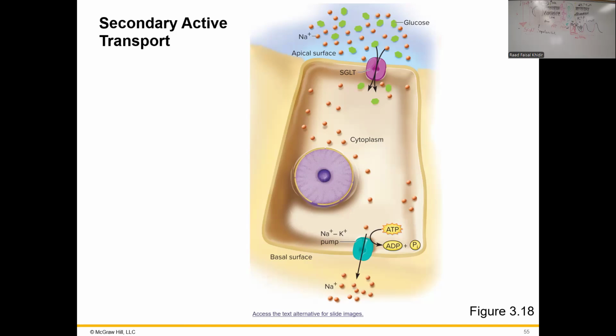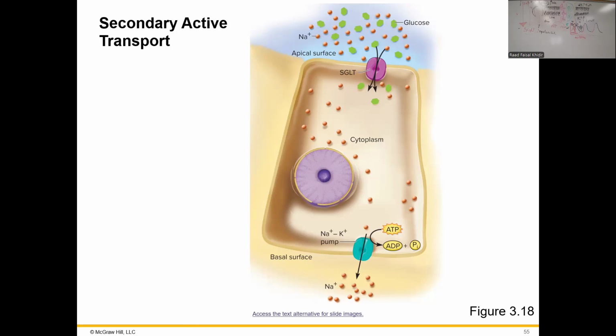That's an example of secondary active transport because glucose is moving in with the help, hitching a ride. Sodium is moving, glucose says, can I come with you? That's called secondary active transport because glucose is not moving by itself, it is moving with the help of sodium.